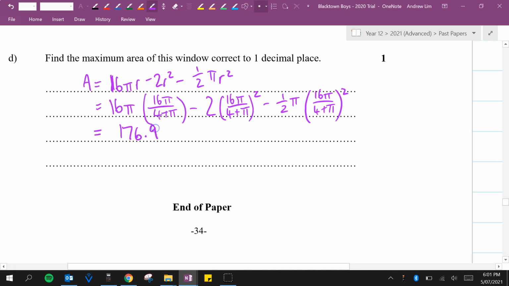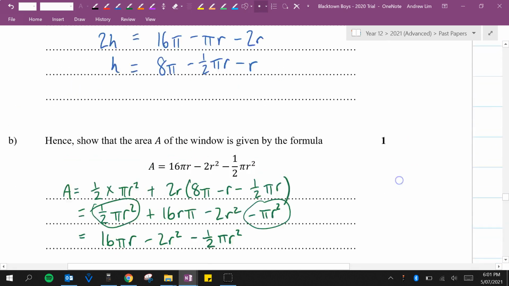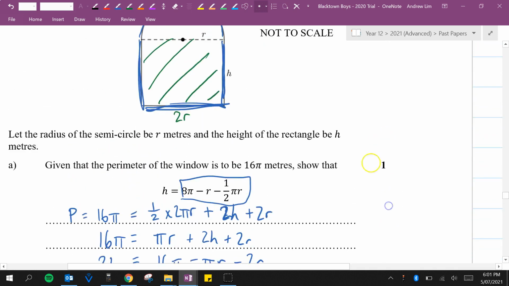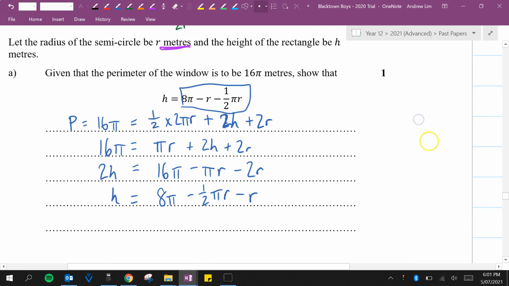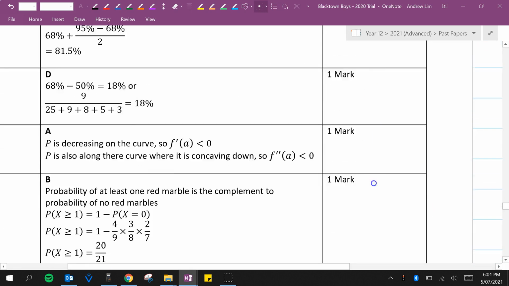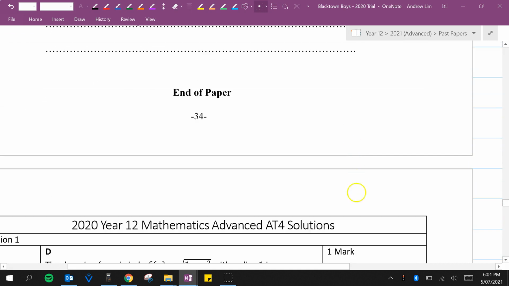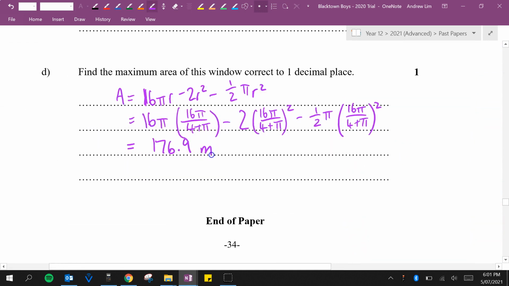And the units for this, this is meters, so it's meters squared, square meters. And that's it.